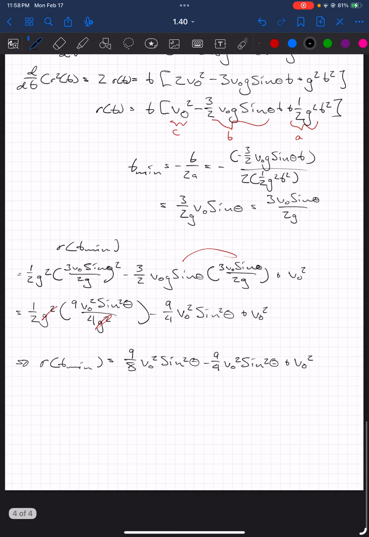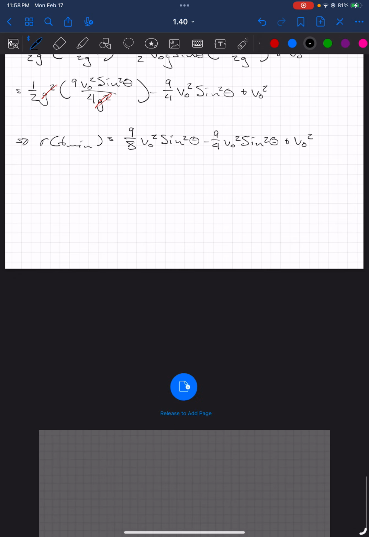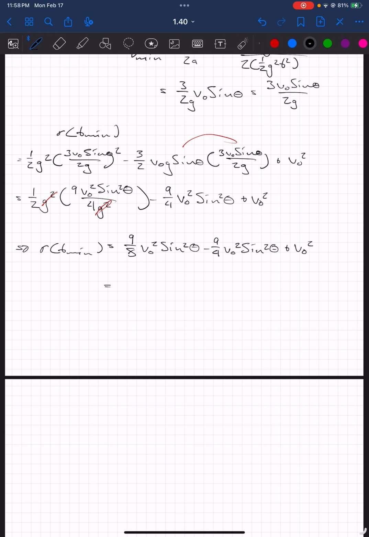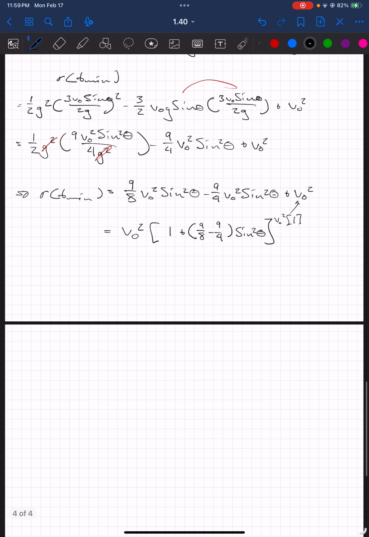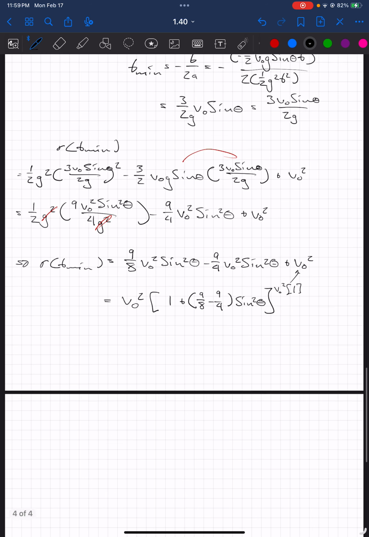Now if we pull out v naught squared, we can rewrite it as v naught squared times 1, plus our 9/8 minus 9/4 times sine squared theta, since those have the same variables.